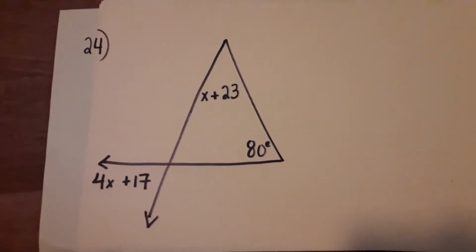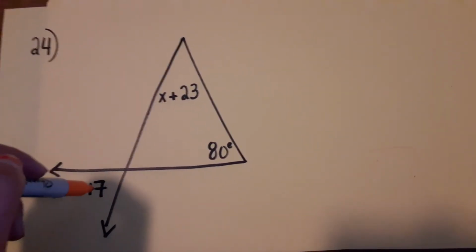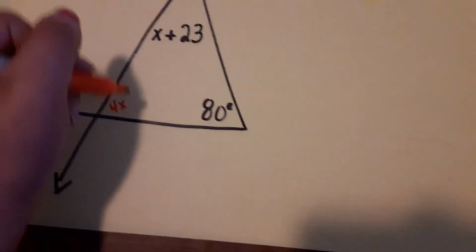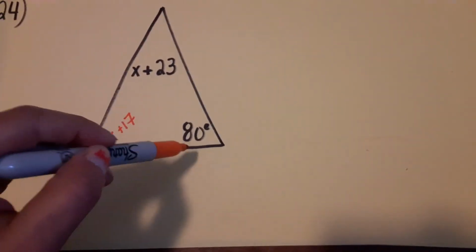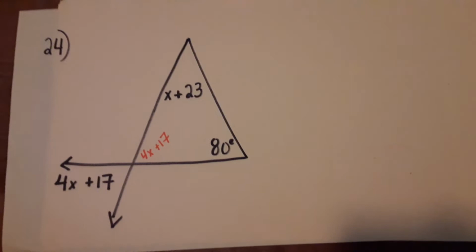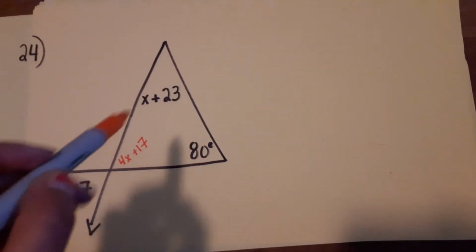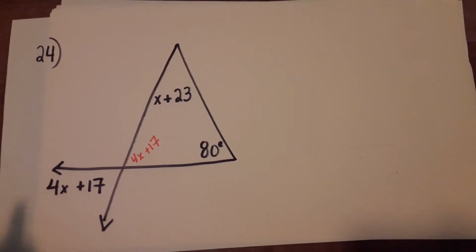So what do we know? We know these are vertical angles, which are congruent. So that means this angle is 4x plus 17. So I have an expression and an integer, and they're on the inside of the triangle. So what are they going to add up to? Well, they're going to add up to 180. So go ahead and take each of these expressions and the 80, add them up and equal them to 180, and then solve.